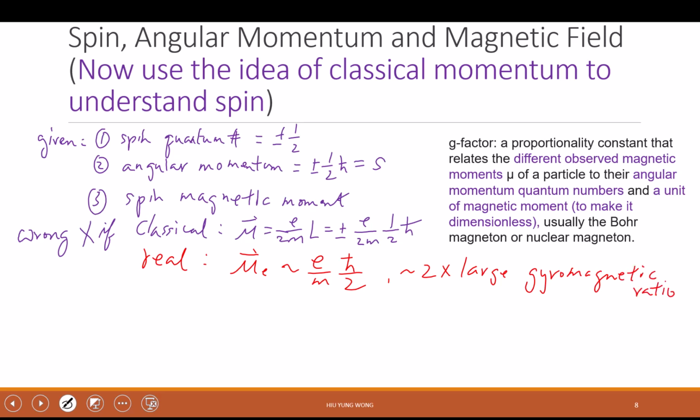Okay, so because of this, we will write it as mu E equals negative G times mu B S divided by h bar, right? So what is mu B? Mu B is the so-called Bohr magneton, e h bar divided by 2m.